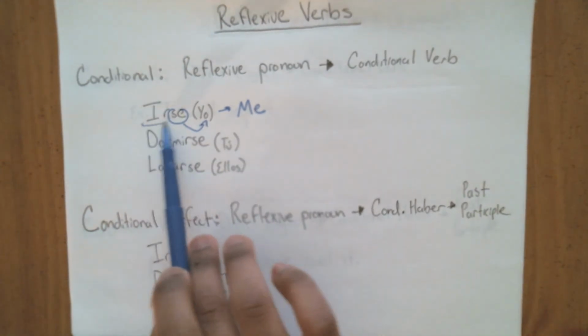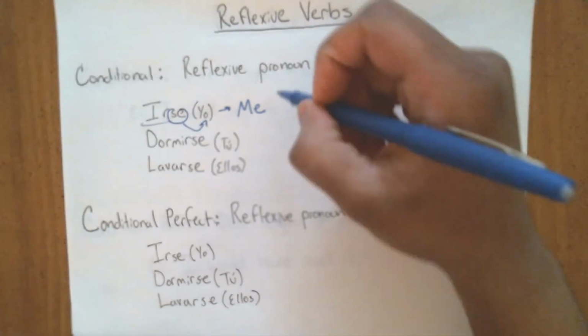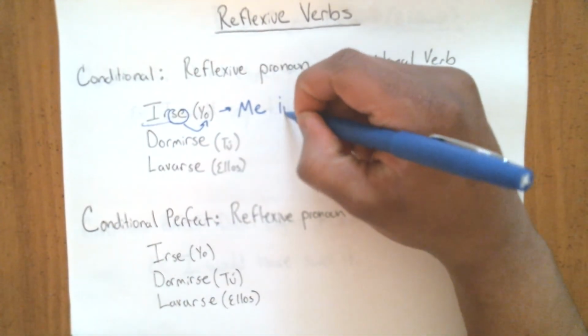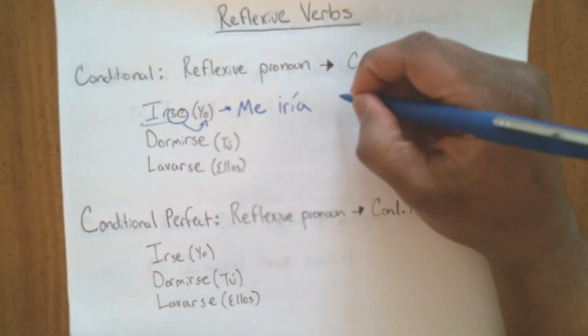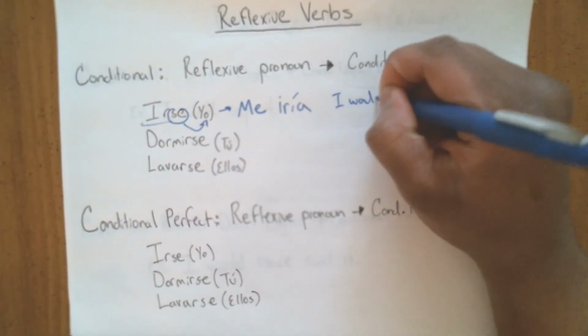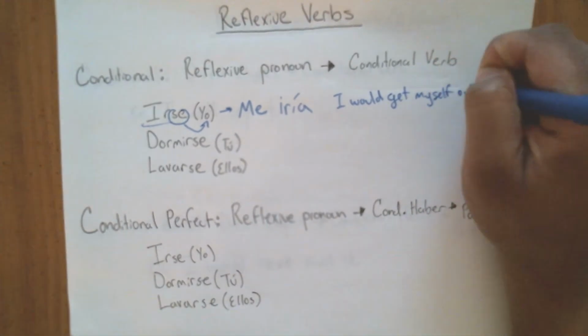Our verb is ir, and so what is the conditional yo form of ir? It's just iría, okay? Me iría, which means I would get myself out.